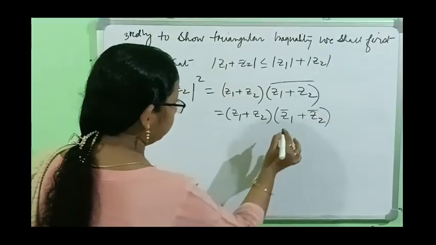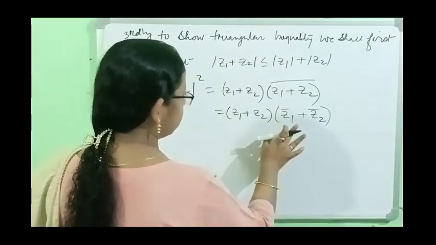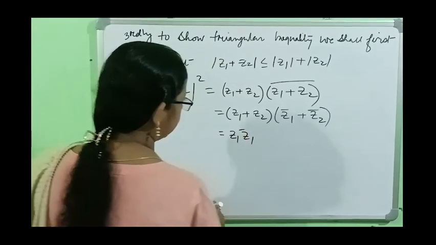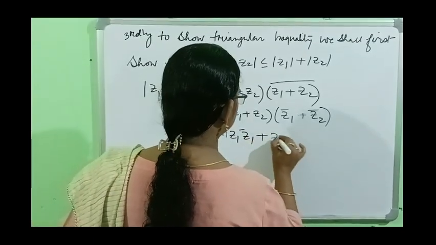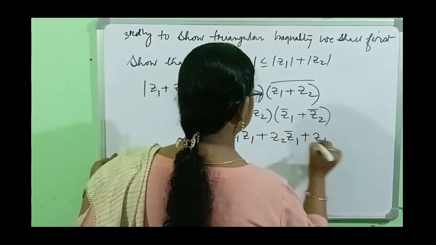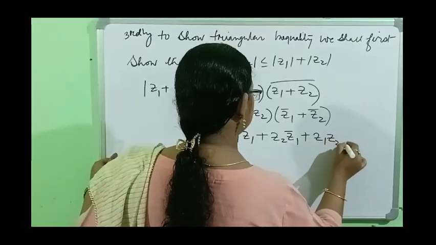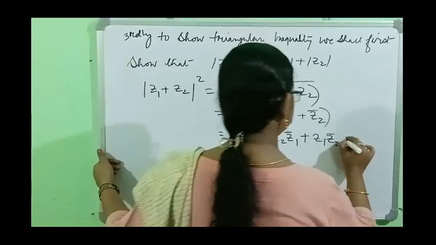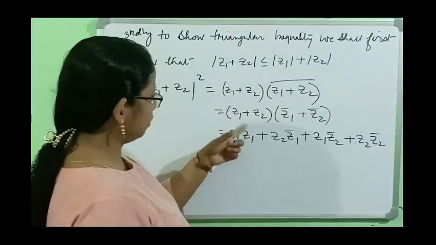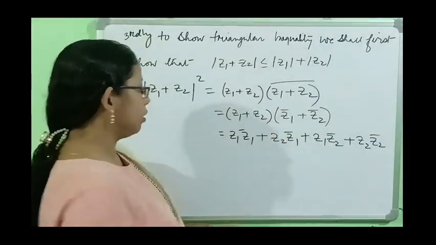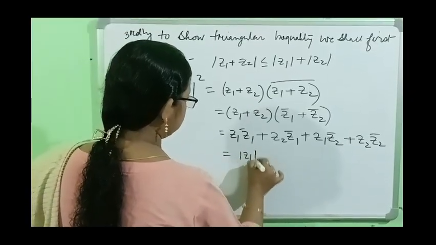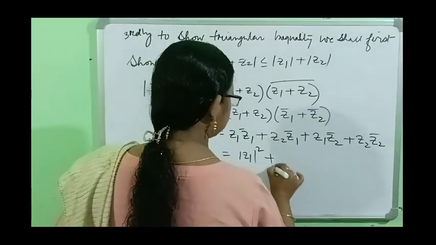So if you simplify this one, you will get Z1 times Z1 conjugate plus Z1 times Z2 conjugate plus Z2 times Z1 conjugate plus Z2 times Z2 conjugate. If I expand this one, I will get this. But again, using the definition of modulus, this is modulus of Z1 squared.